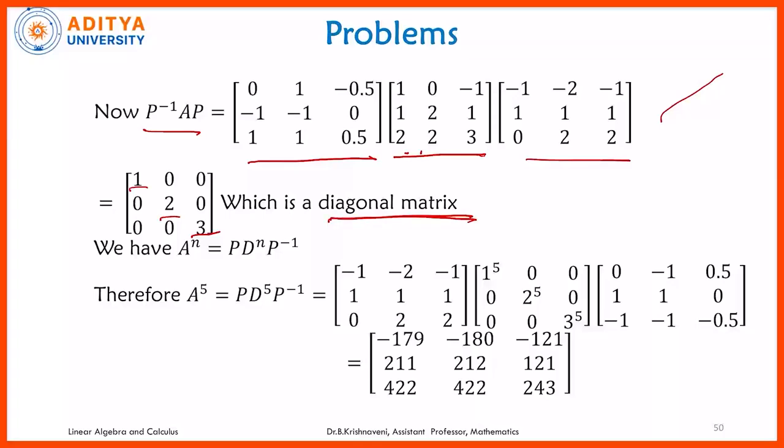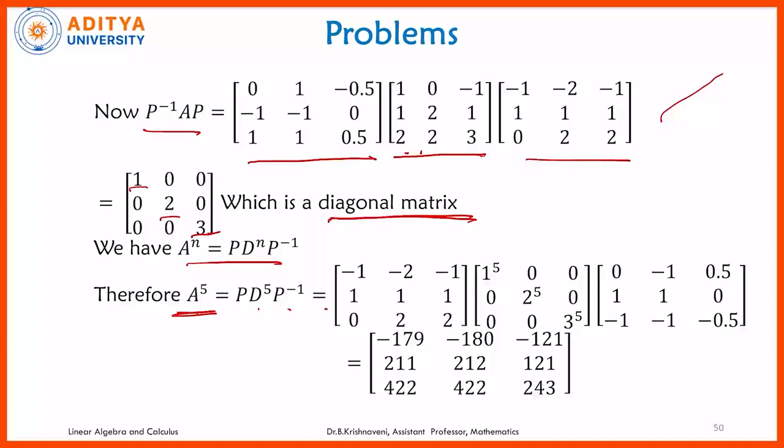Now we have another question, that is, we need to find A power 5. In order to find A power 5, we can use this. We know that A power n is equal to P into D power n into P inverse. Hence A power 5 must be equal to P into D power 5 into P inverse.